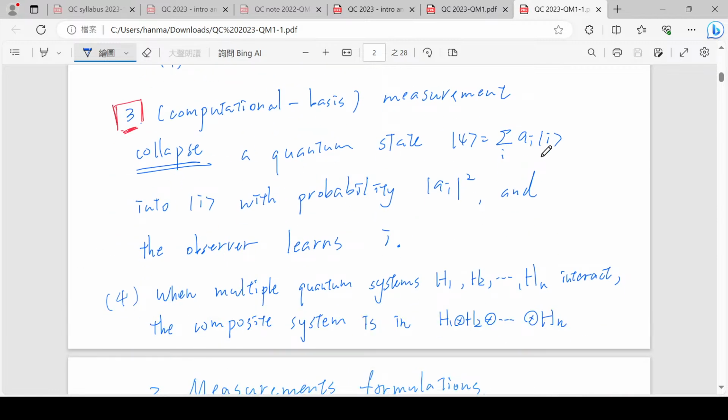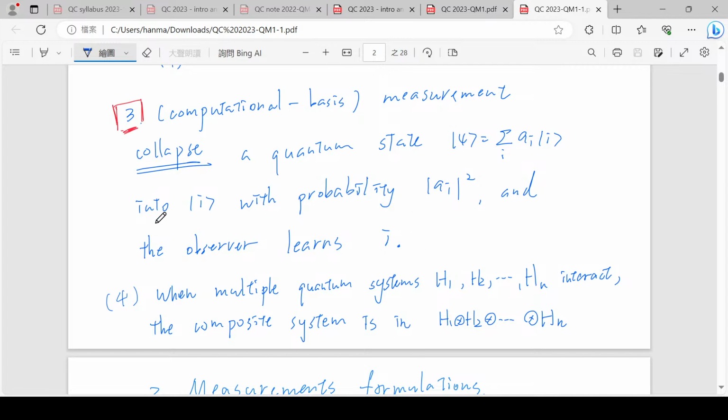First, the state will collapse into a computational basis state. This computational basis state, we usually think of as a classical state, corresponding to some classical information, maybe a bit, 0 or 1. This collapse happens with probability |a_i| squared, where a_i is the coefficient of the basis state i. And the observer will know which i happened.